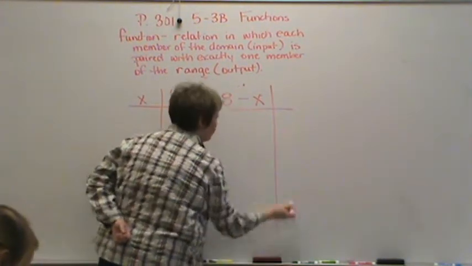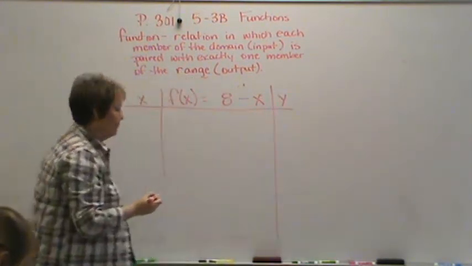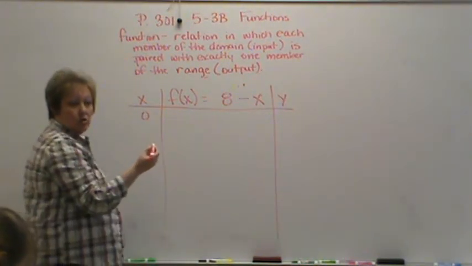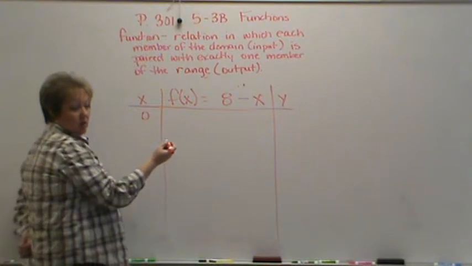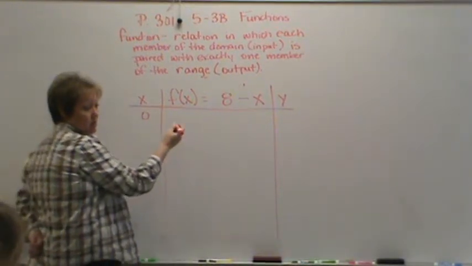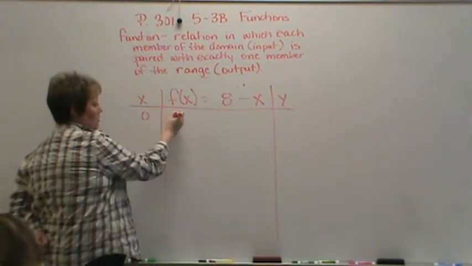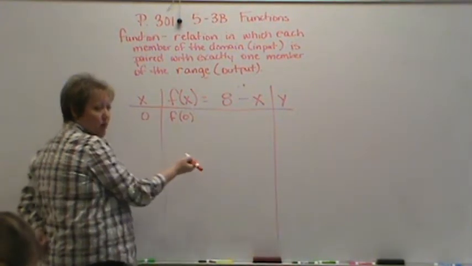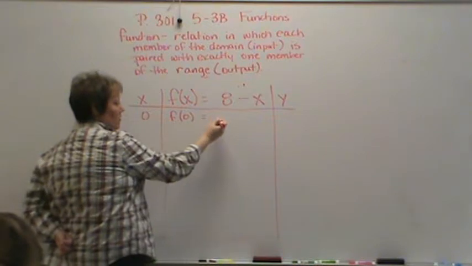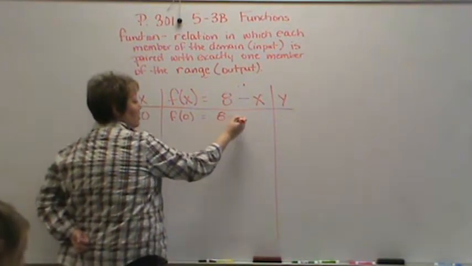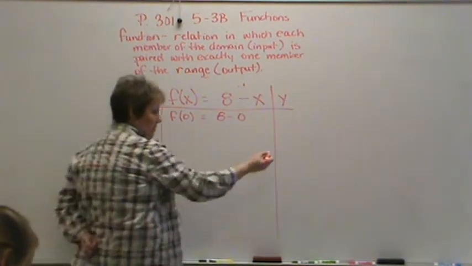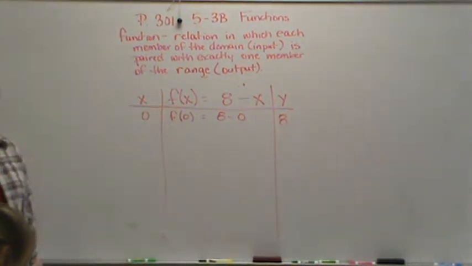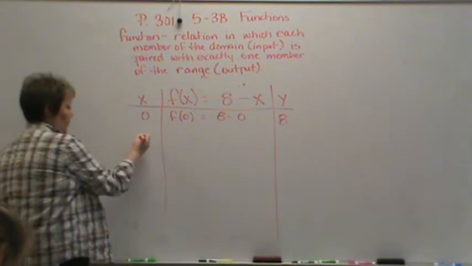So if you put 0, what will you have? f of 0 equals 8 minus 0 equals 8. What about -4?